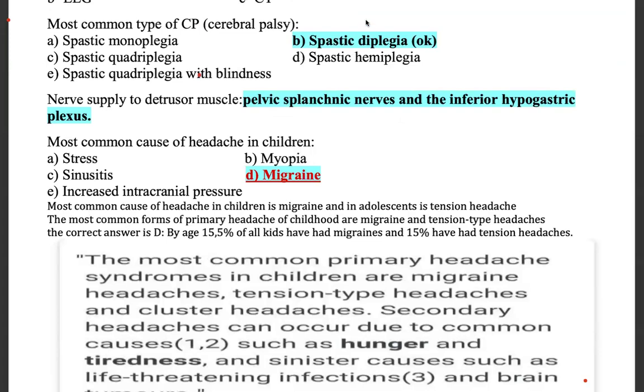The answer is migraine. The most common cause of headache in children is migraine, and in adolescents it is tension headache. The most common forms of primary headache in childhood are migraine and tension-type headache. So the correct answer is D, that is migraine.